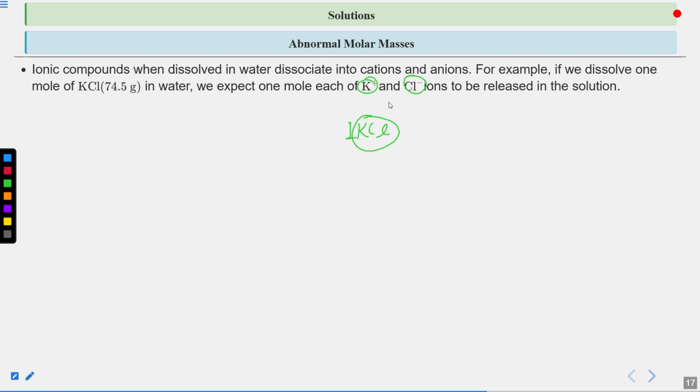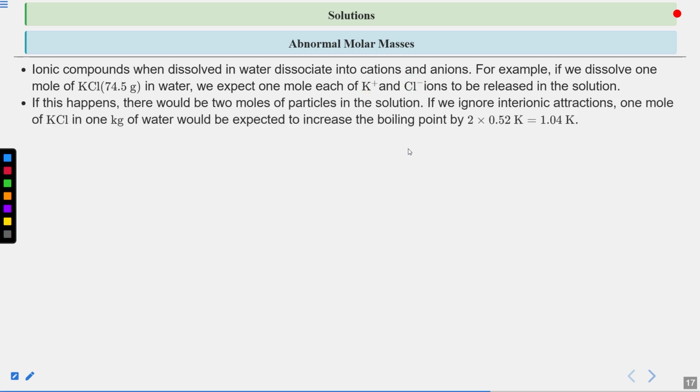As we are increasing the number of particles by dissolving it in the solution phase, the colligative property will change. Now, if we ignore the interionic interaction, then we will see that the boiling point is being doubled here. If we just try to calculate, we will get a double boiling point, which is very wrong. And why is it happening? Because of the two particles.